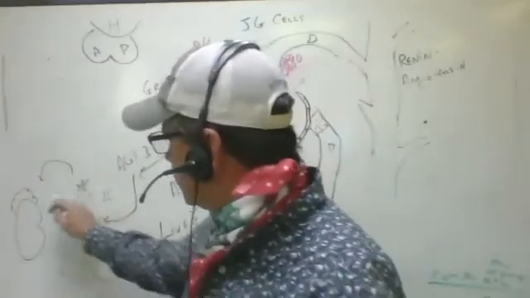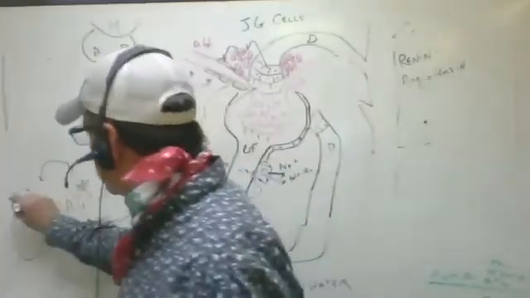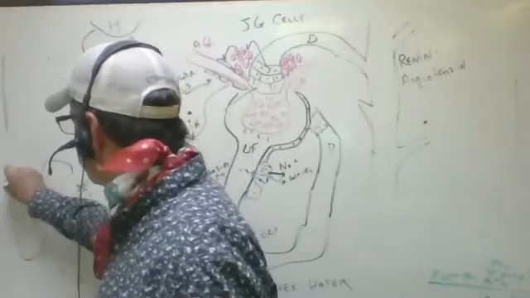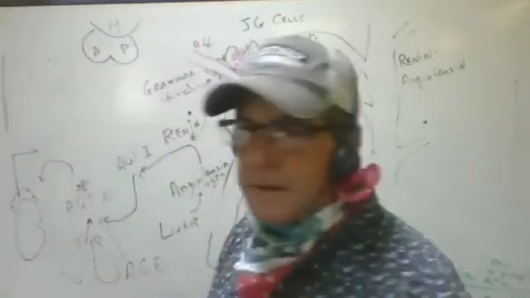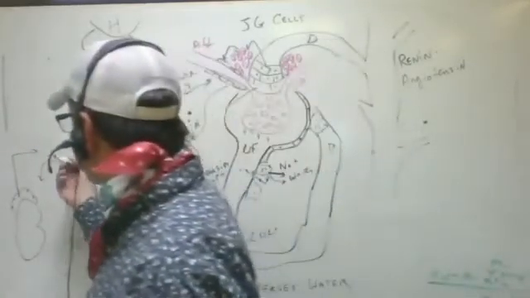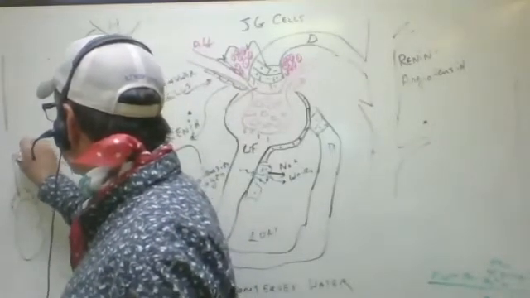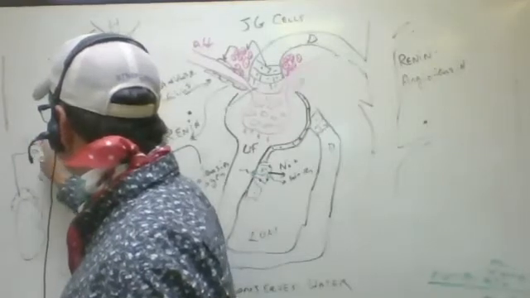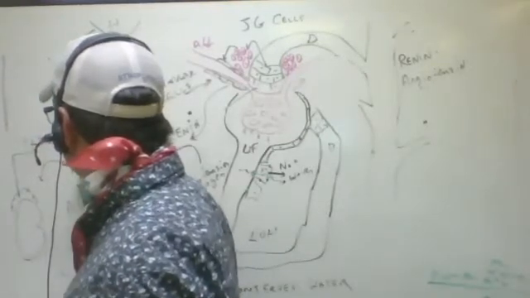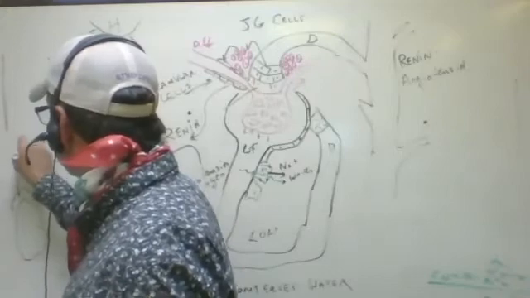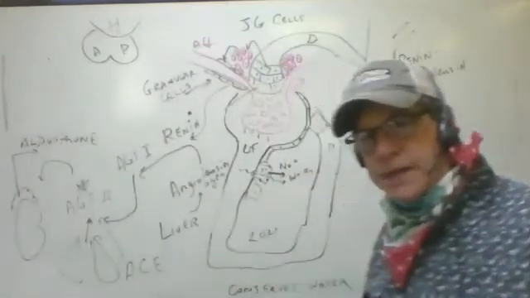When angiotensin 2 comes, the adrenal gland responds by releasing aldosterone. That's the first thing angiotensin does.